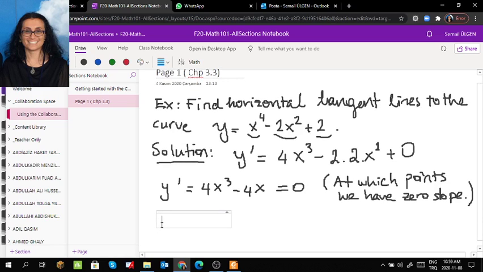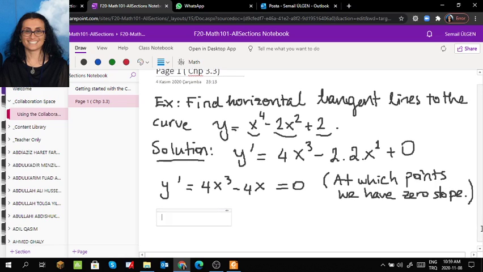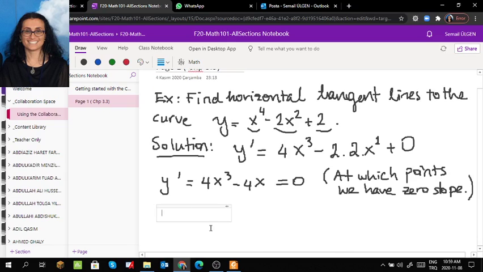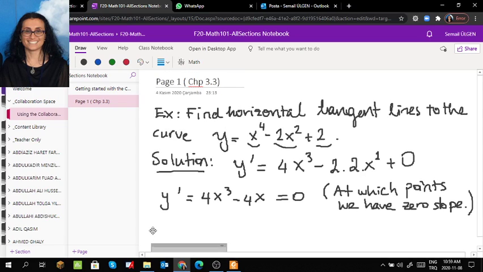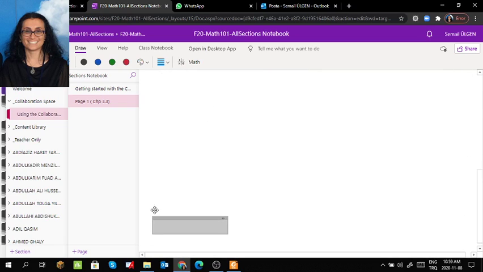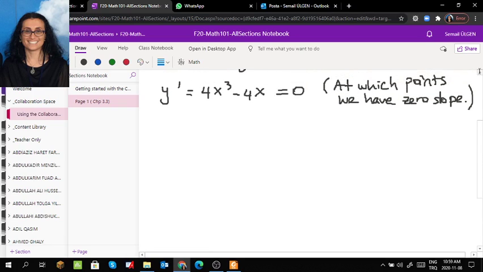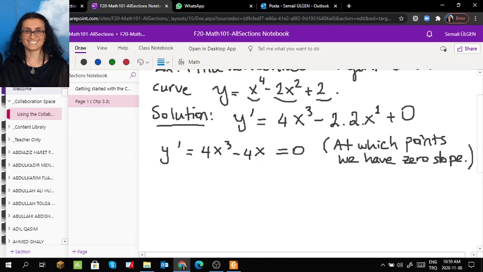Let me go down a little, if I may. I would need a little bit more room here. I'm going to create more room here. Okay, I created more room. And I'm going to go up, and here, as you will see, I have this equation.